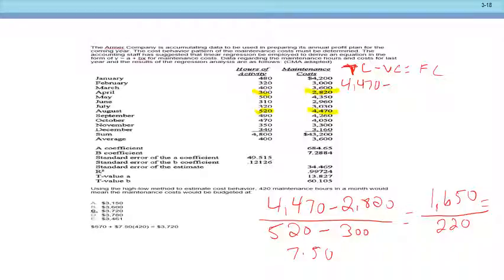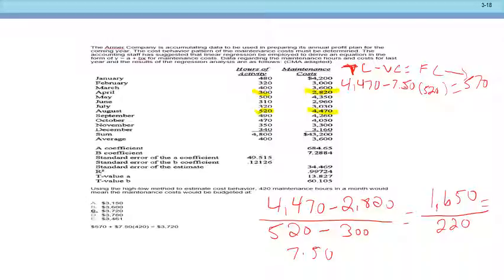And then to get the variable cost, we're going to have to take the 750 times what? Times 520. Good. And that then comes out to be what? Comes out to be 570 is our fixed cost. Okay, good. 570 is our fixed cost.